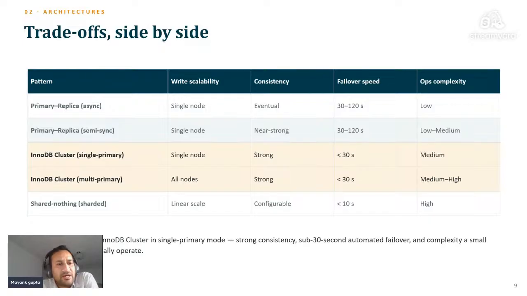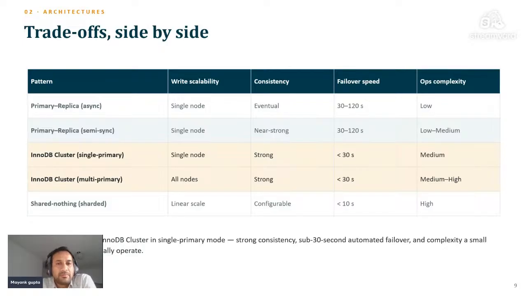If we just have a primary replica and all the replication is happening asynchronously, then definitely the writes are very fast. It's a single node write, and all the writes are consistent. Failover speed is in seconds, and the operational complexity is very low because this is a straightforward scenario.